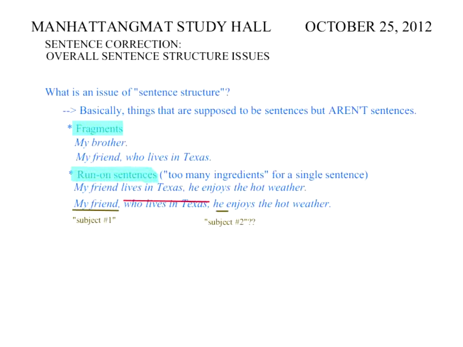So there are two goals for today. The first goal here is to understand these sentence structure errors. The second goal for today is to be able to recognize or identify these errors when you are looking at a problem.